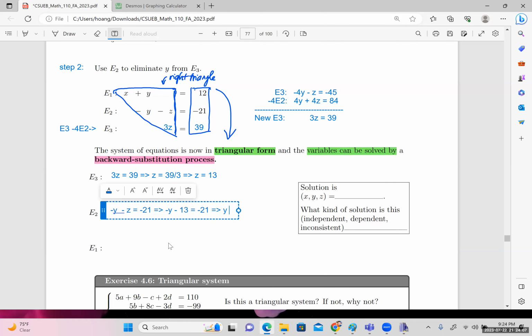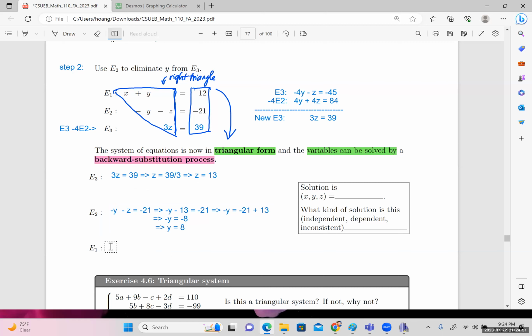And that means negative y will be equal to negative 21 plus 13, which is equal to negative 8, right? So negative y equal to negative 8. You just multiply by negative 1 on both sides, and you get y equal to 8.